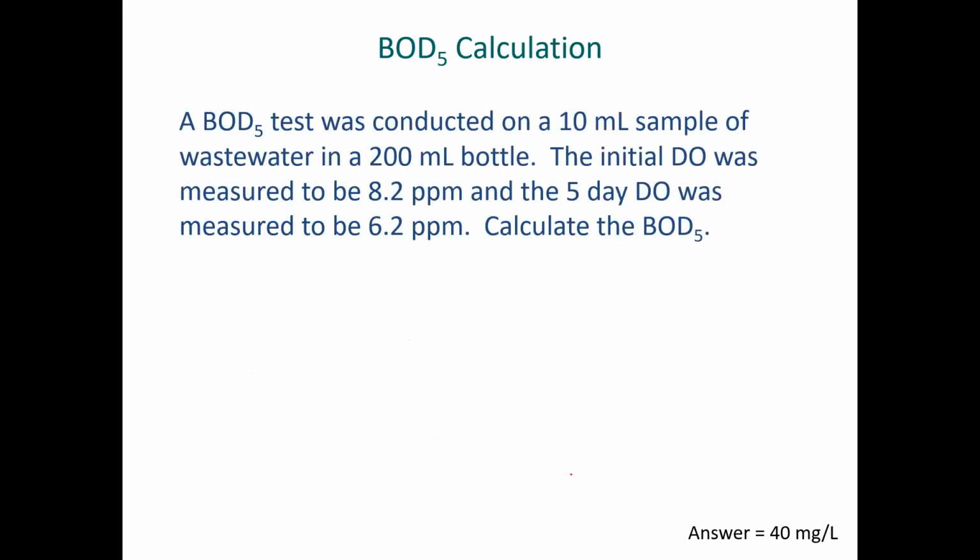We'll do a quick calculation here to give it a try to understand what's going on. You can see here we've got a sample of wastewater, and it tells you the size of the bottle, and it tells you what the initial and the 5-day measure is. So our formula is BOD5, because it's a 5-day measurement, equals the initial dissolved oxygen minus the final dissolved oxygen.